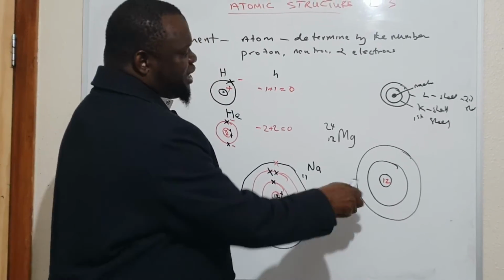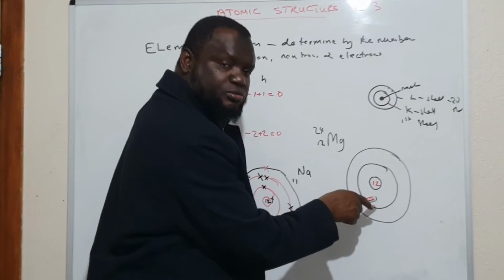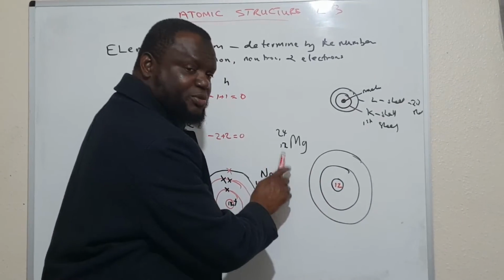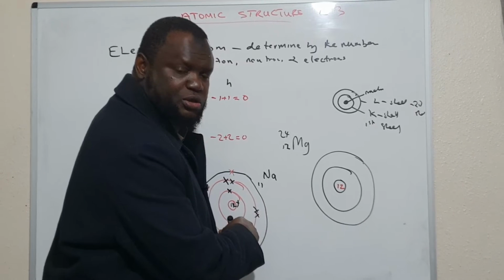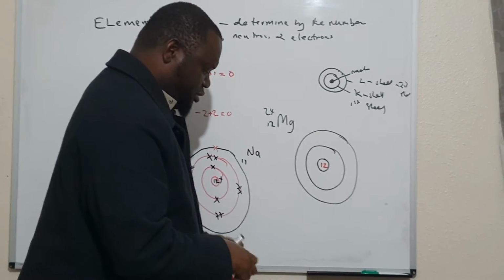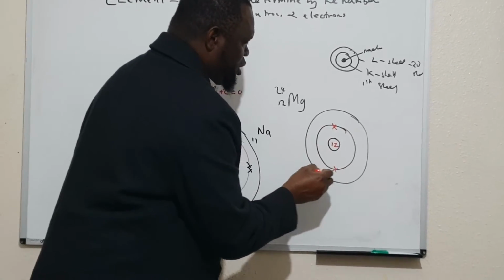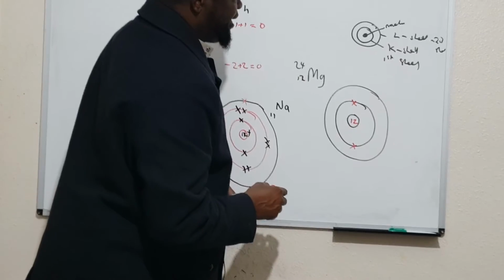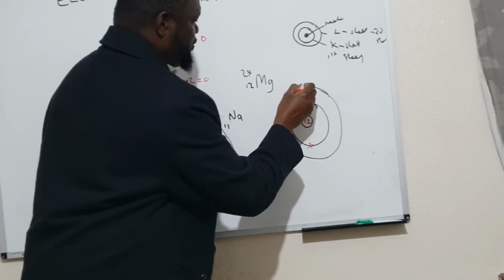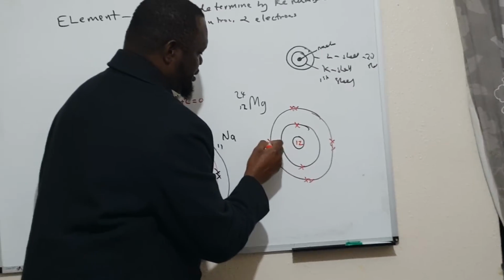So now, if this has 12 protons, automatically we have 12. How many electrons? 12. How many would you have in the first cell? 2. Because it is the K cell. Because the K cell can take only 2. How many will you have in the L cell? 8. Is it group 2? In group 2, yes. We'll come to group later.